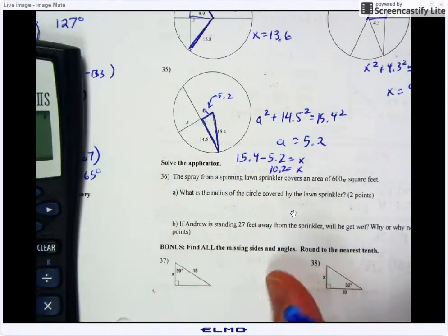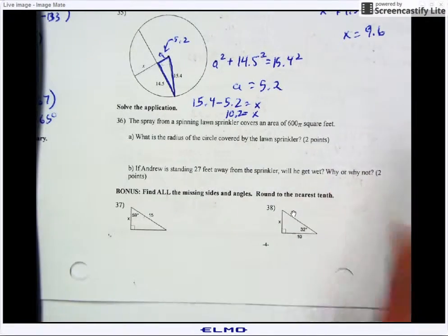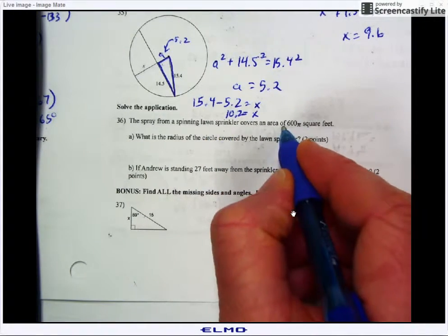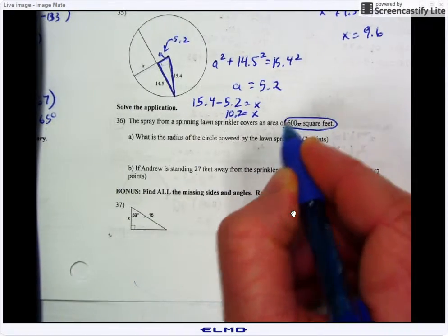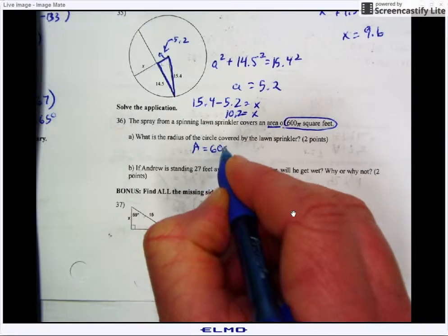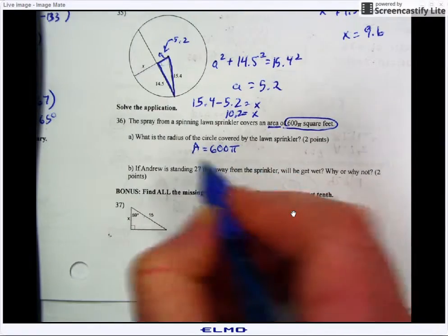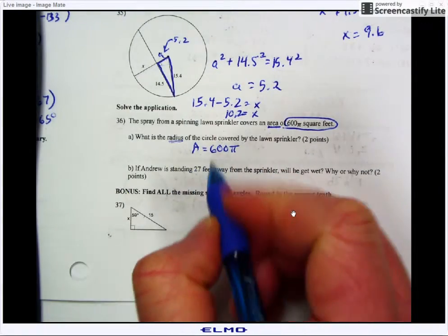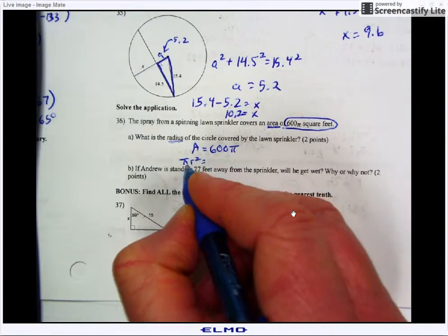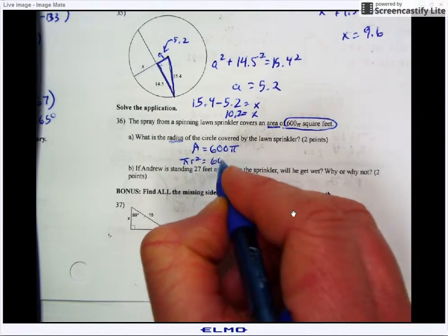Last couple are application. The spray from a lawn sprinkler, we did a problem like this on the first test, has an area of 600 square feet. So the area is 600 pi. We want to find the radius of that. So we plug in pi r squared for the area, and then we're going to solve that.